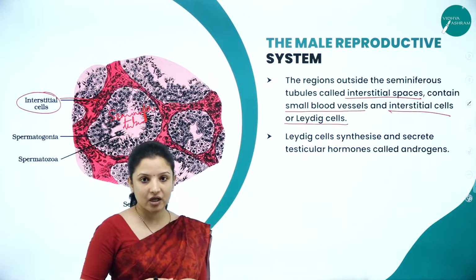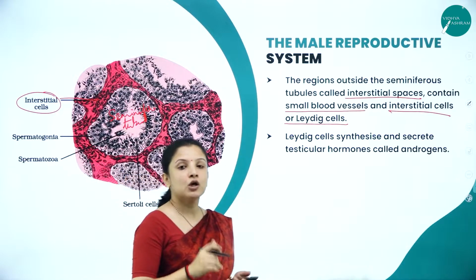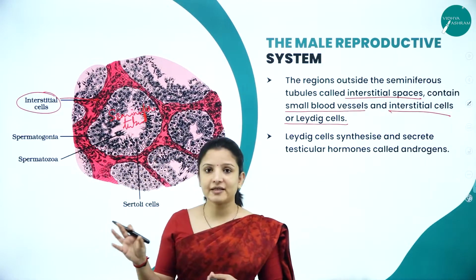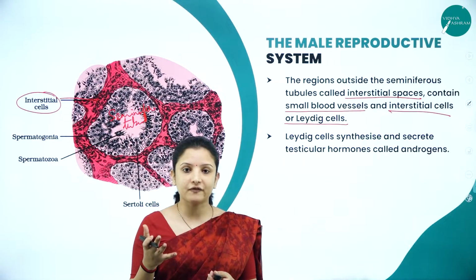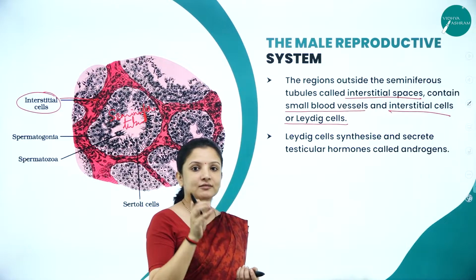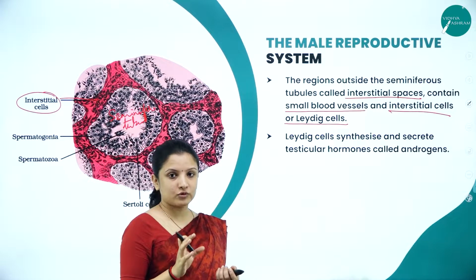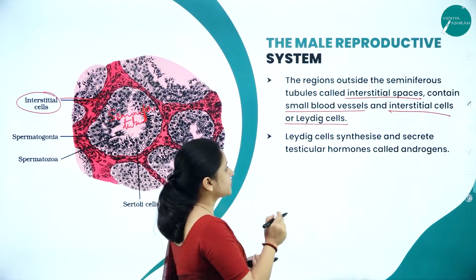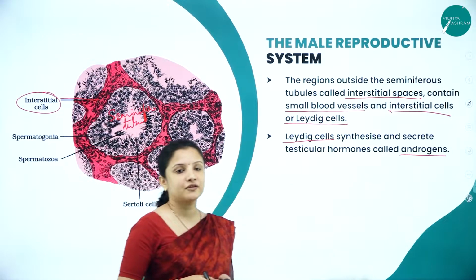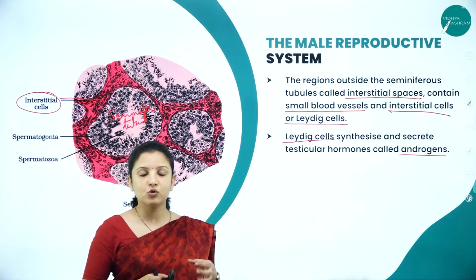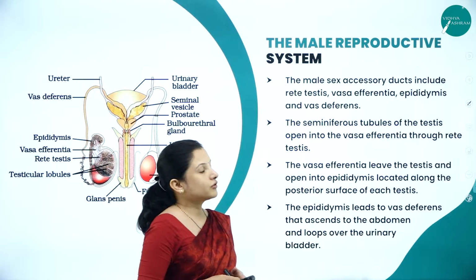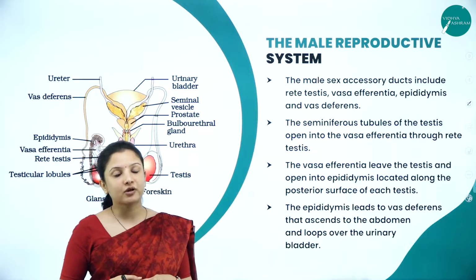Leydig cells, which are present in the interstitial space outside of the seminiferous tubules, are the ones that secrete the male hormone, which is called androgen. So Leydig cells help in the synthesis of the male testicular hormone, called androgen. So next, moving on to the other parts of the male reproductive system.